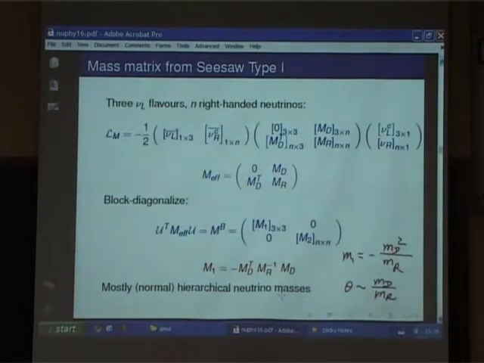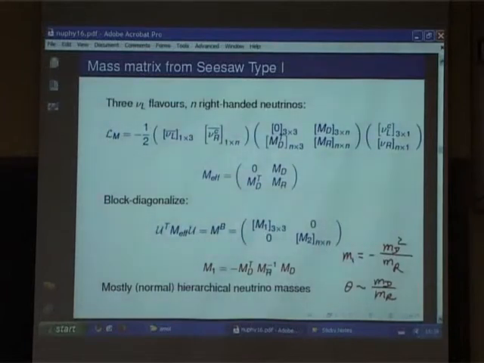So this is a rule of thumb, not an exact statement, but it essentially means that all your masses are going to be very, very small. We know that neutrino masses can be, the lowest mass can either be 0, or all three masses can be close together.